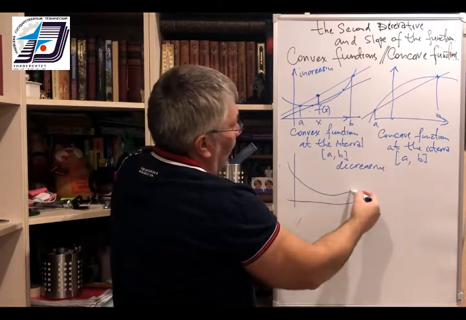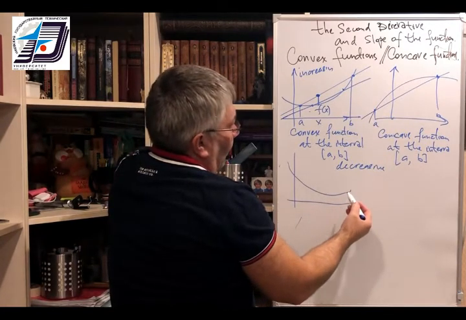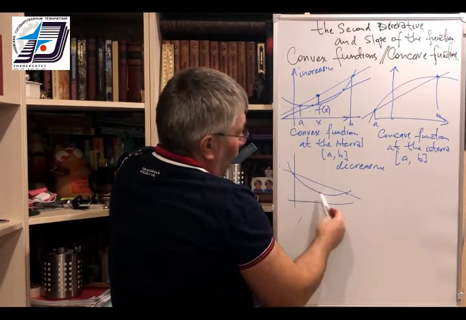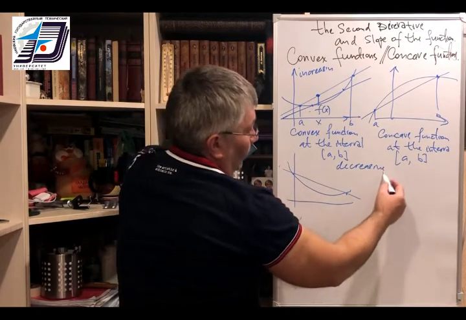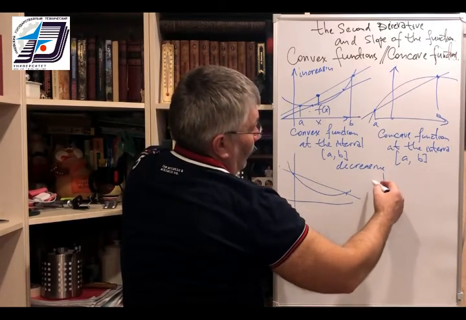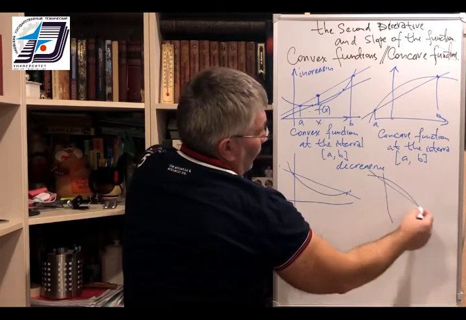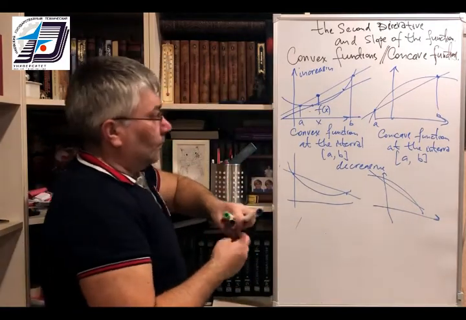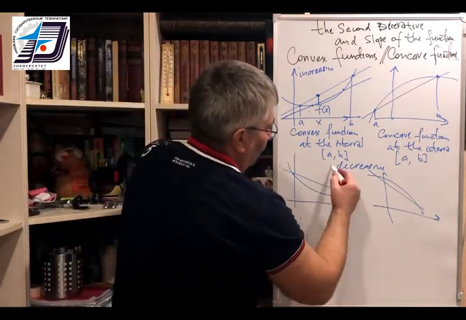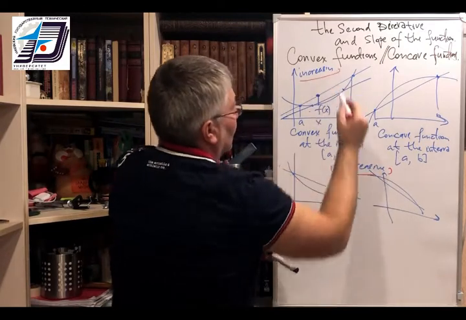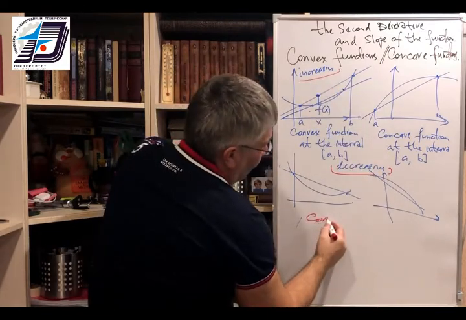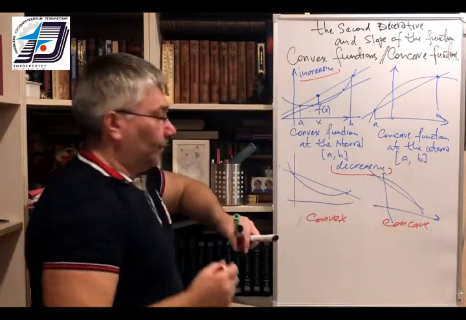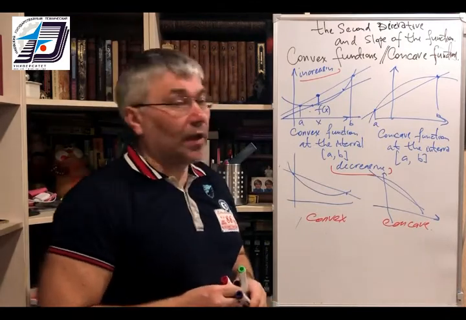Here we have a convex decreasing function because it's still below the secant line. And here we have a concave decreasing function. Decreasing, here increasing. So here convex function, concave.